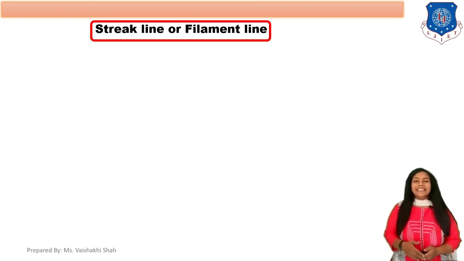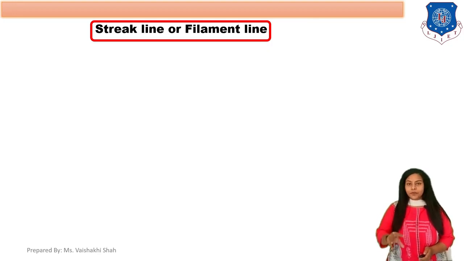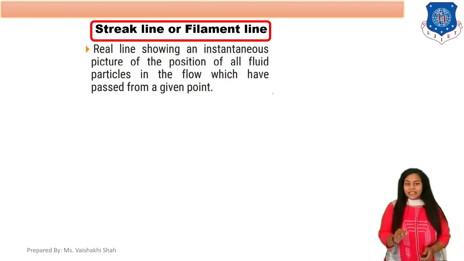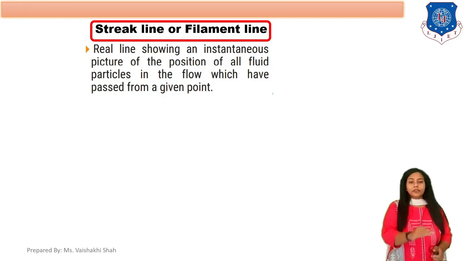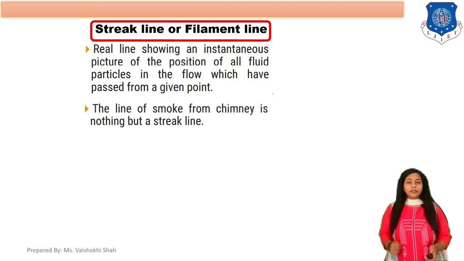Now our third line is the streak line, which is also called the filament line. What do you mean by the streak line? It is a real line showing a picture of the position of all fluid particles in the flow which have passed through a given point. There are some examples you can clearly identify.